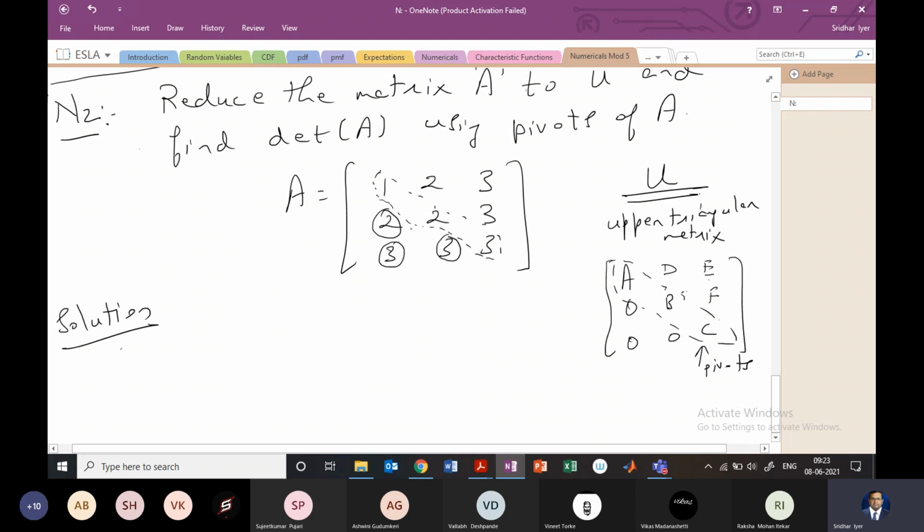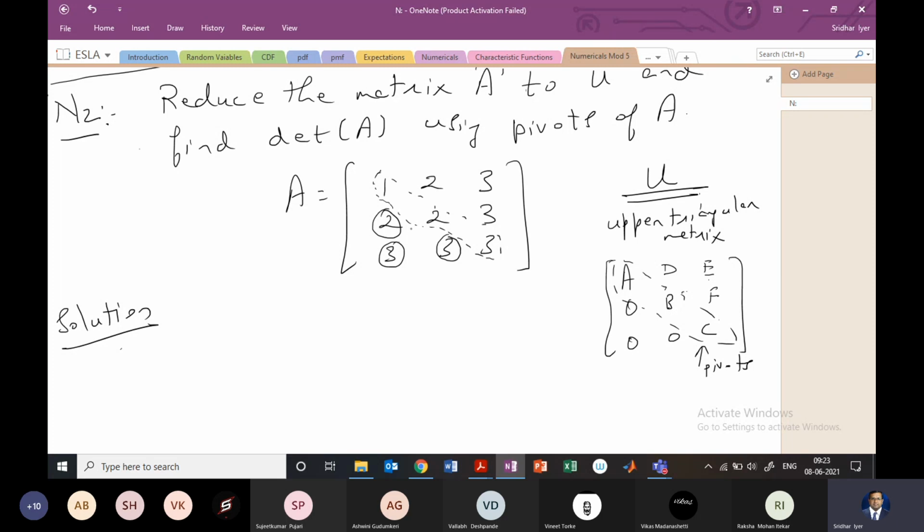So I should do such row operations that those elements 2, 3, and 3 which I have circled turn into 0. Once they are 0, we'll have an upper triangular matrix, and in an upper triangular matrix, the determinant is nothing but the multiplication of the pivots, that is the multiplication of the diagonal elements, right?